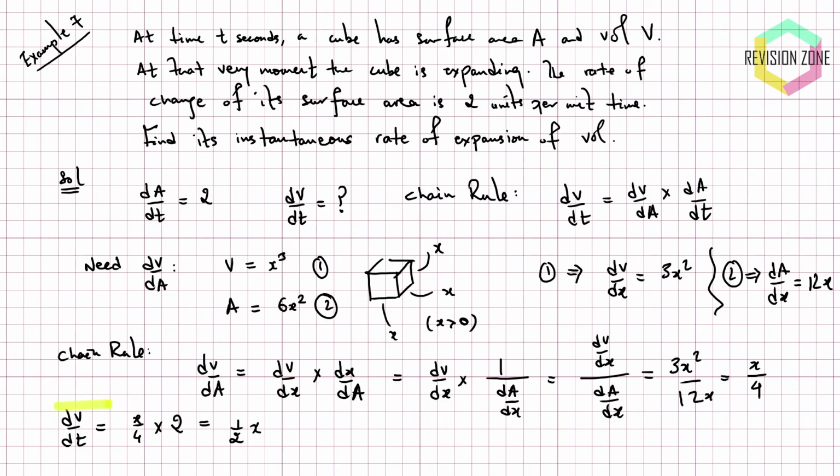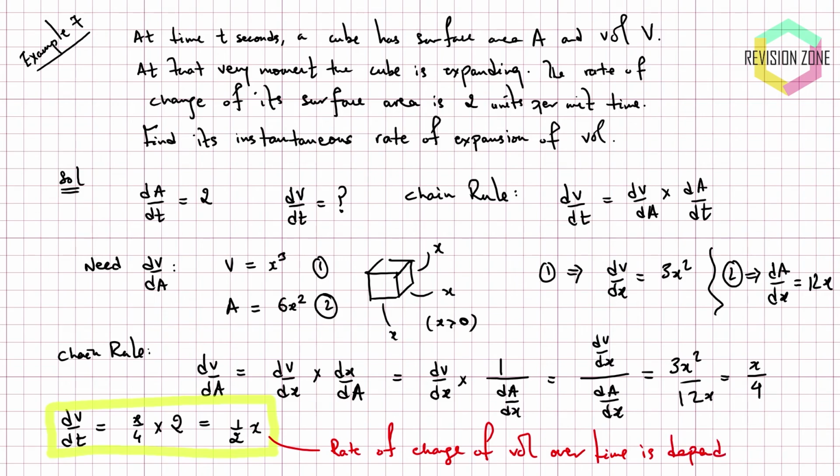So we've been able to work out a description for our rate of change of volume over time, and unsurprisingly, what we can say is the rate of change of volume over time is dependent on the size of the cube.